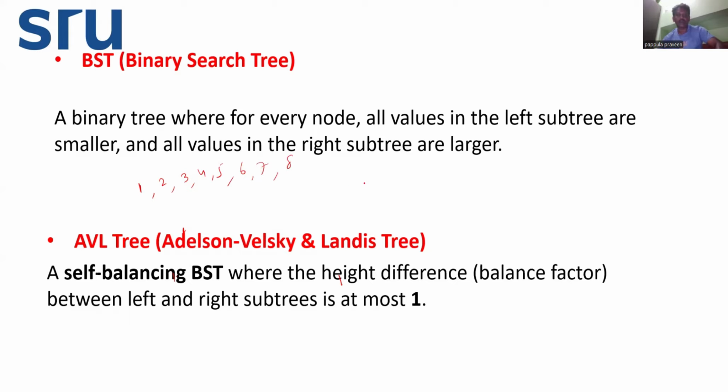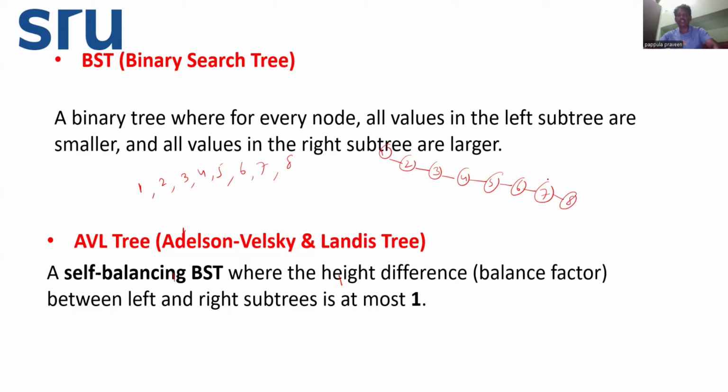Now, how can we draw the binary search tree? 1 is the root node, 2 is the right child of 1, 3 is the right child of 2, 4 is the right child, 5 is the right child, 6 is the right child, 7 is the right child, and 8 is the right child. This is called the right skewed tree, because all elements are only on the right side.